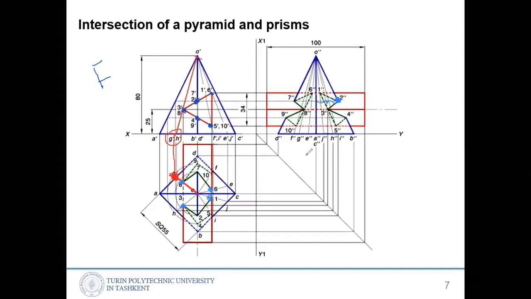Then that distance you can put from the center, put it here and find it. Or the other way is to make a 45-degree angle and go that way to the left hand side until it meets the edge. Okay, so in that way.